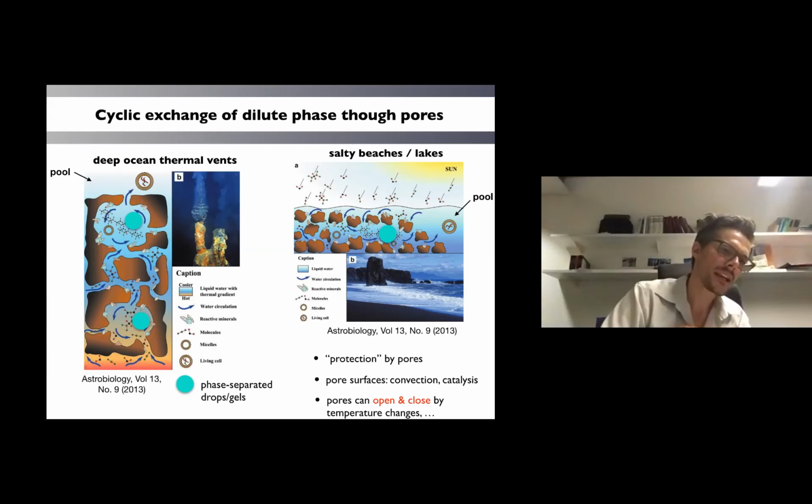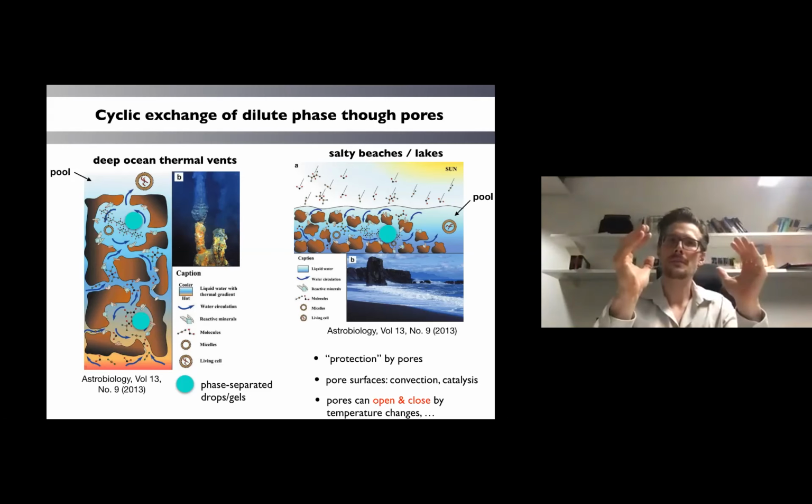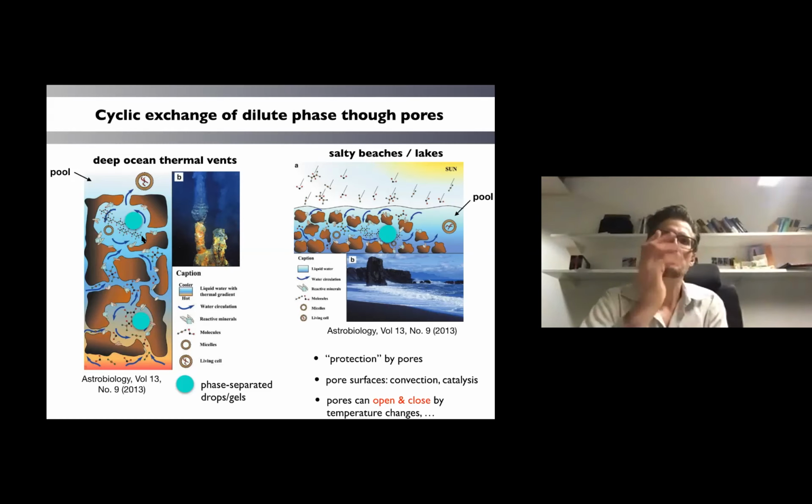And then they can open and close, and have periods where they're isolated with respect to the pool, and sometimes they can let in molecules from the pool. That made us think: what about a simple abstract rule? I'm not modeling these systems, of course not. It's super complicated. There are people who tried it, and it's really amazing stuff.